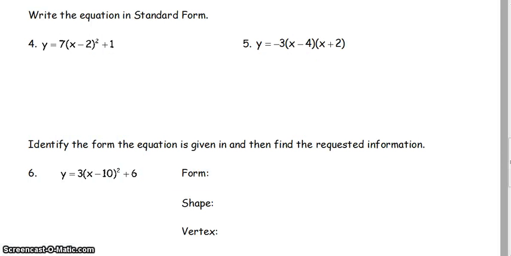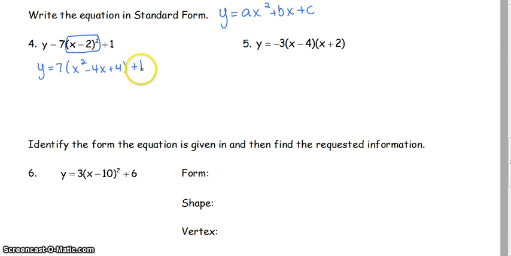Alright, something else new for today is writing the equation in standard form, and we know what standard form looks like, and this is actually easier than you may think. In order to get to standard form, you just have to multiply out your pieces by order of operations. So the first thing I see here is that I'm squaring that quantity. So I've got 7 times, when I square (x - 2), you've got a FOIL, and you get x squared minus 4x plus 4, plus 1.